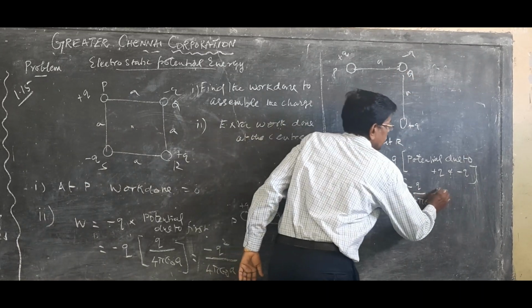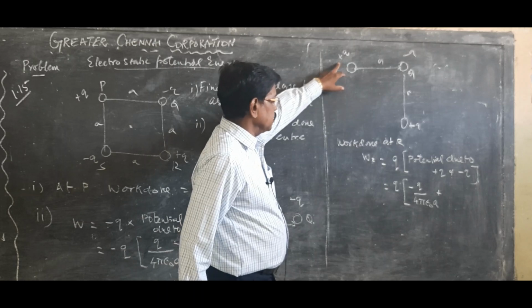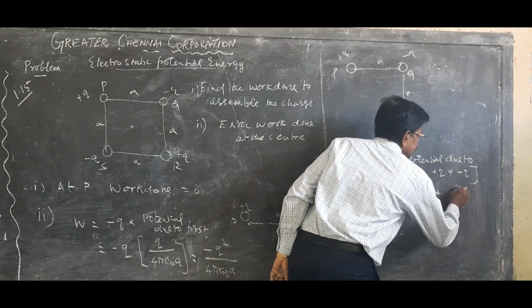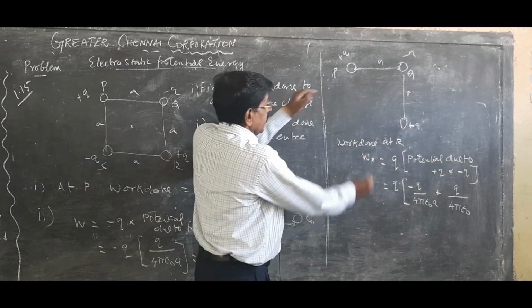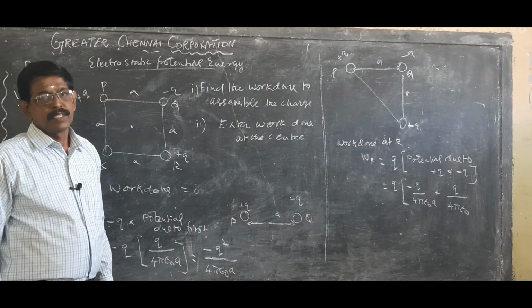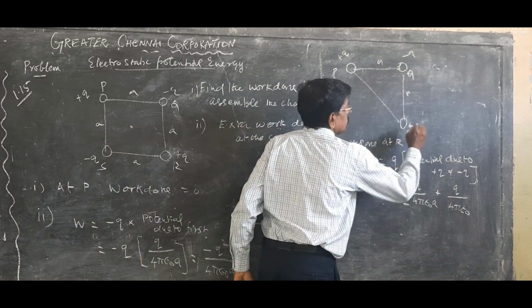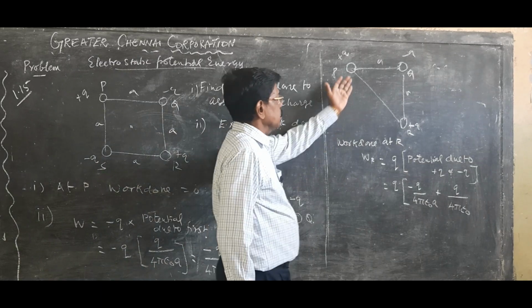Then next, plus the potential due to this plus Q. Q by 4 pi epsilon 0 times the distance. Which distance? You have to calculate this distance. The distance between P and this point R resembles Pythagoras, so you have to use the Pythagoras theorem.